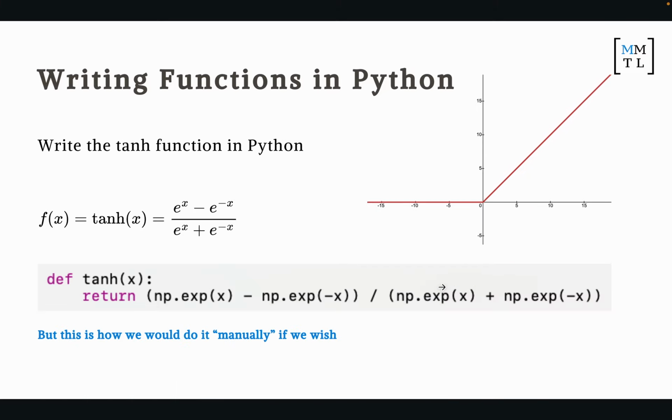This is how you do it manually, I suppose. Basically, it's just plain math, right? The numerator is np.exp(x) minus np.exp(-x), over np.exp(x) plus np.exp(-x). So it's exactly this, but worded out manually.